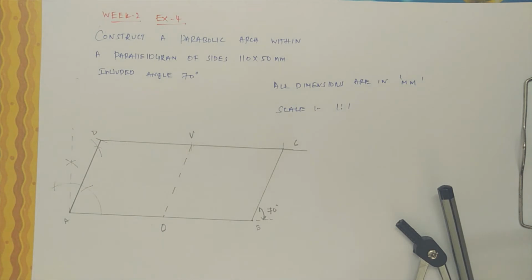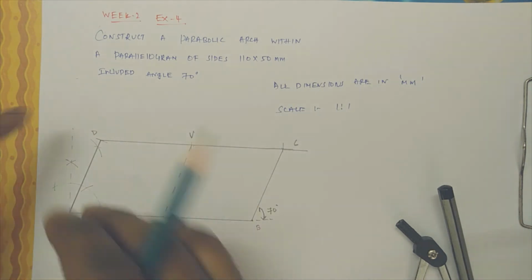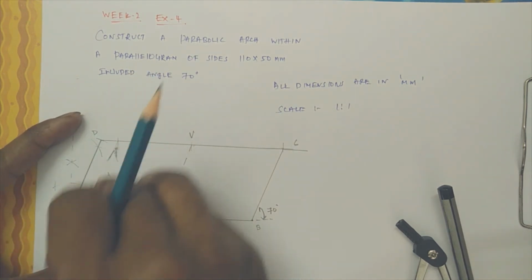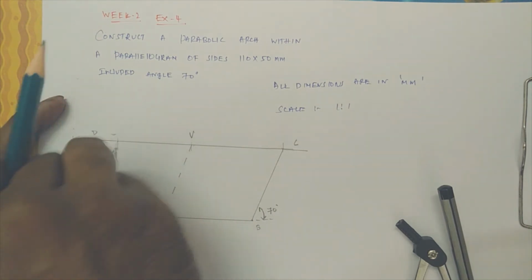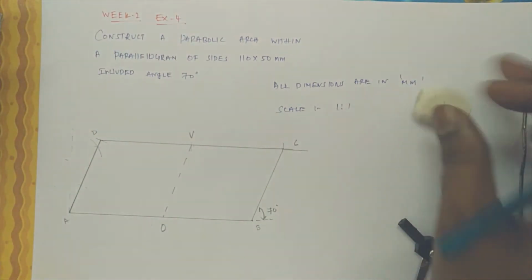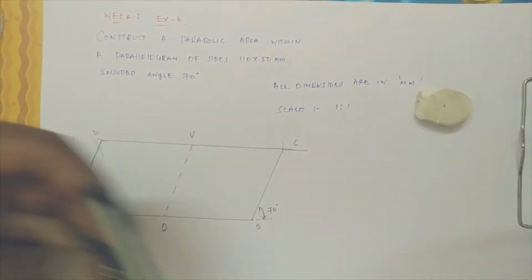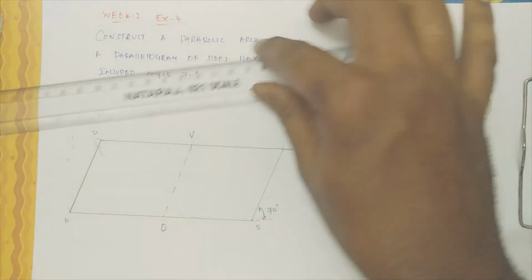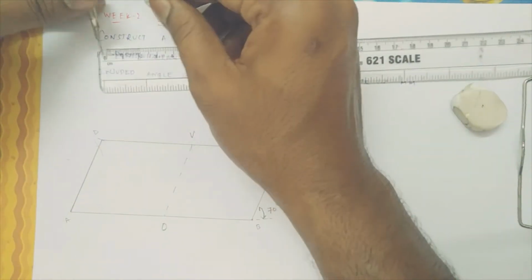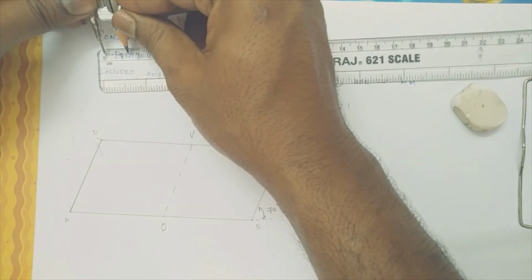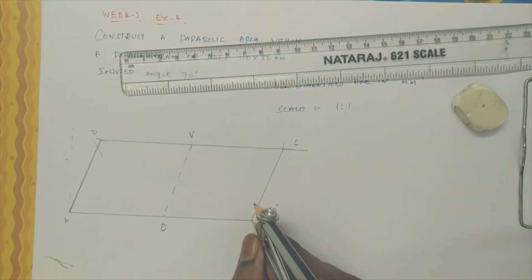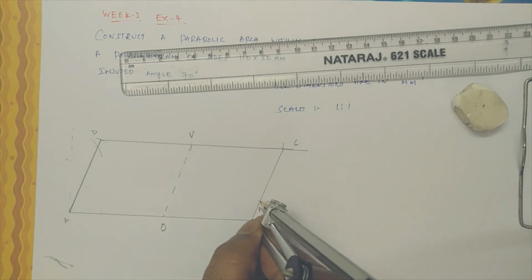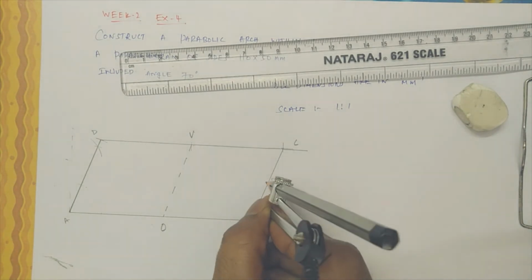Let it be. Now we need to divide into a number of equal parts to draw the path of the parabola. So now I'm measuring, since it is 12.5 mm, 50 divided by 4 parts. If you make it 4 parts, let me divide for 12.5 mm, and I keep B as a center and make an arc with equal divisions.